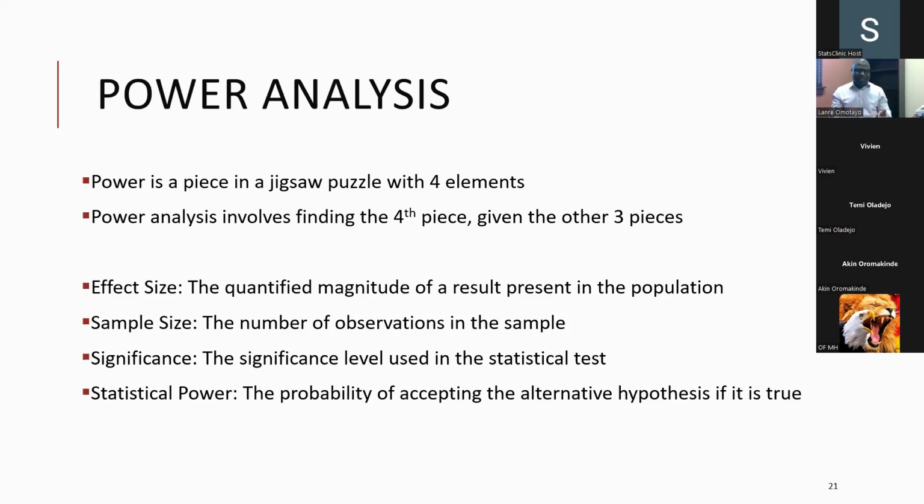If you can tolerate a beta of up to 40%, meaning that your power is just about 60%, you probably need fewer people. In essence, what I would just like us to understand though, is that even though many people just think about power in terms of the sample size and the error you're willing to tolerate, there are other things that factor into whether you would actually discover that finding when it does really exist.